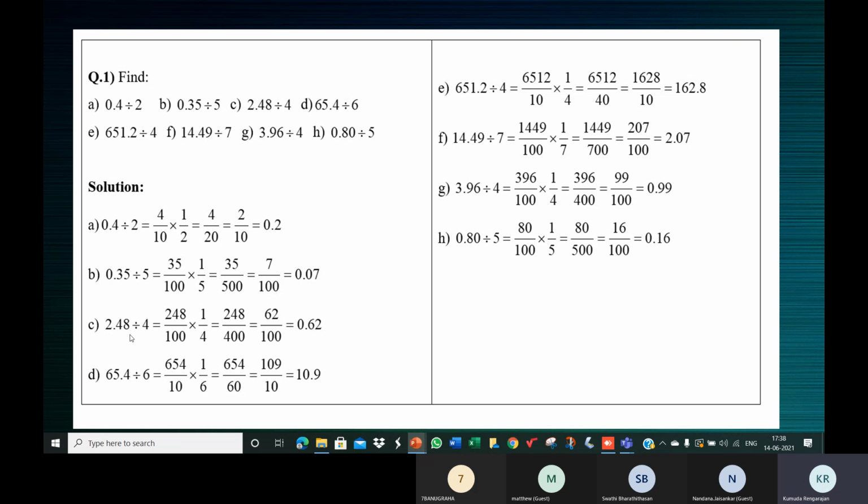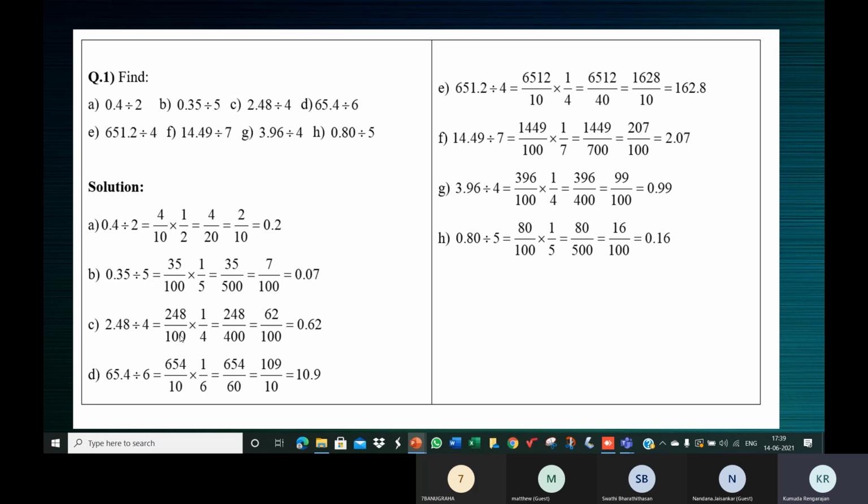When you write 2.48 as a fraction, it is 248 by 100. The numerator will be the same decimal without the decimal point. You should write all the digits in the decimal, 248, without the decimal point. Then you're going to write 10, 100, 1000, or 10,000 in the denominator.